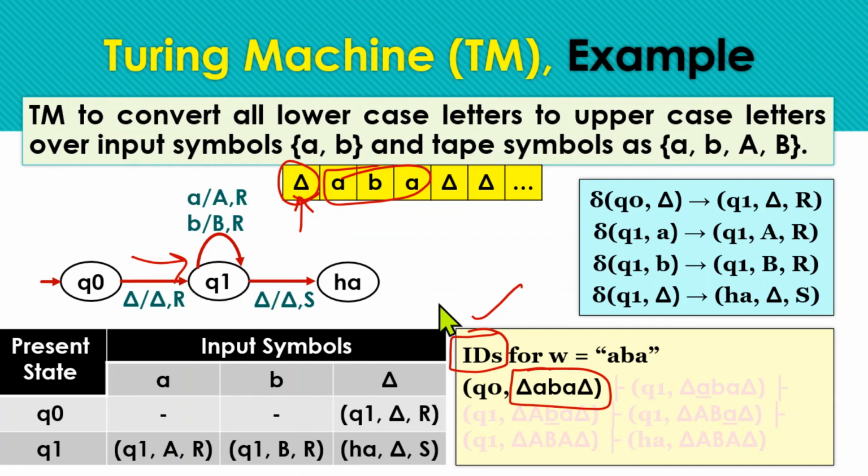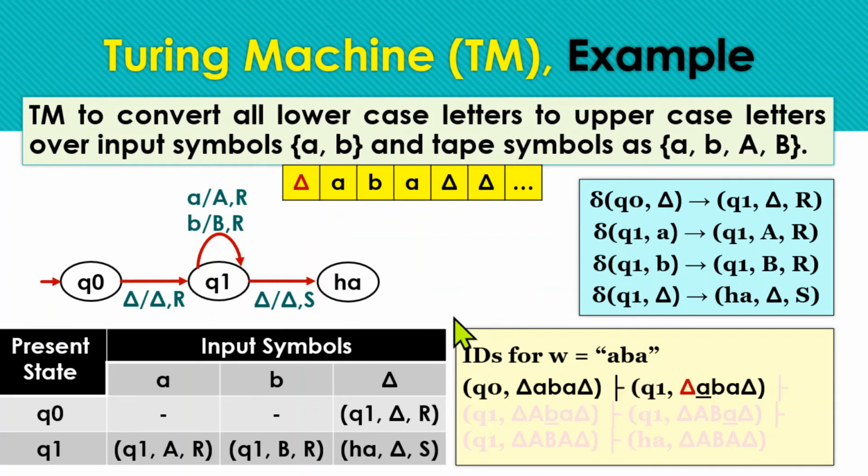Here we are at Q1, blank is replaced by blank, and the next symbol to be considered is this A. The next symbol to be considered is underlined, and the symbol that we have already considered is converted to red color.